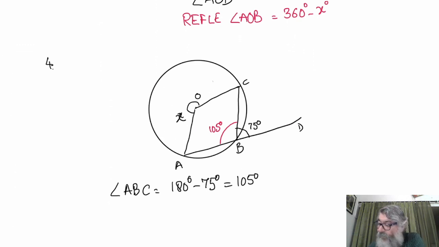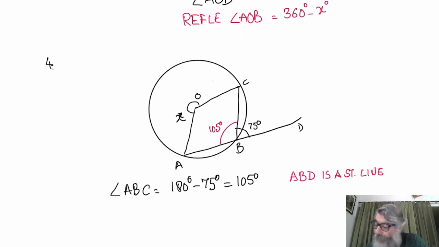Because ABD is a straight line. A straight line is always 180 degrees. So from 180 degrees, when you subtract 75, you will get 105. So we've got the angle is 105.